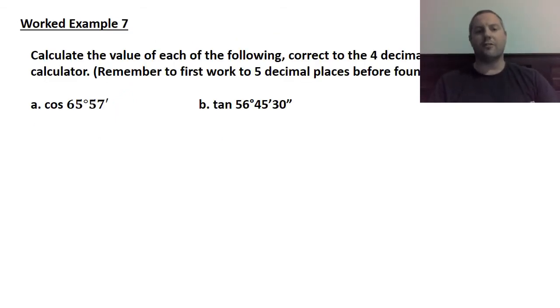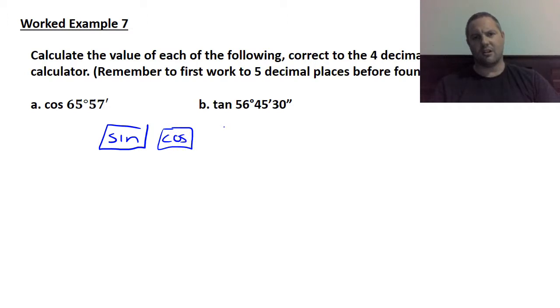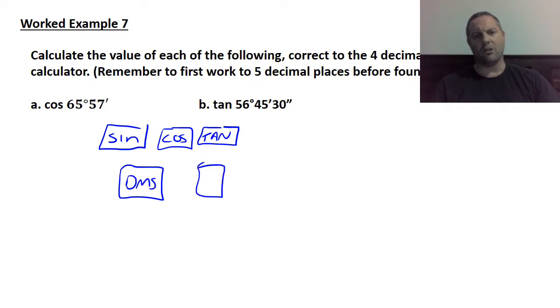For this chapter, the question is going to require you to use a calculator. There's a couple of buttons that you need to look for. One of the buttons is going to look like this, another one would look like this, and another one's going to look like this. Obviously sine, cosine, tangent buttons. Another button that you're going to require is going to look like this, DMS, or it's going to look like this.